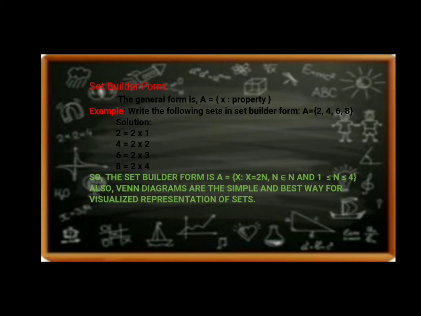So, the set builder form is A = {x | x = 2n, in which n is an element of N, and n is greater than or equal to 1 but less than or equal to 4}. And also, Venn diagrams are the simplest and the best way for visualizing the representation of sets.